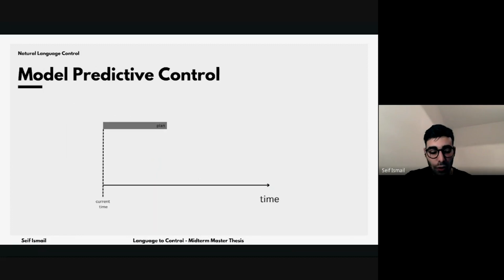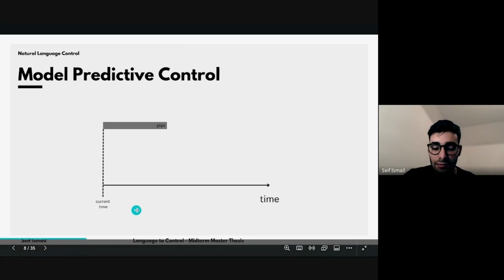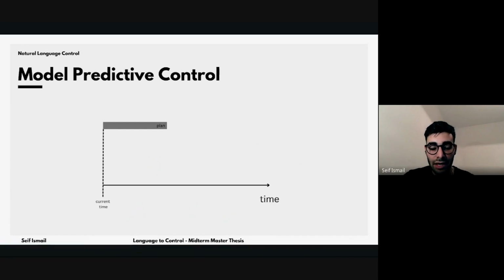I will quickly describe how MPC works because it's the core concept here, but it's not very difficult. So we are at the current time, and what MPC does is it generates a plan, meaning you get the measurements from all the sensors on the robot, and you have a physical model that describes how the robot moves. So you generate a plan.